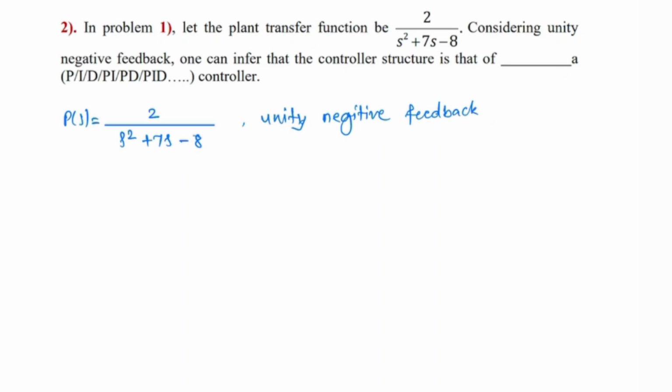Poles will be the same because denominator polynomial is same. So poles would be s square plus 7s minus 8 equals to 0. That means s is equals to minus 1 and plus 8.